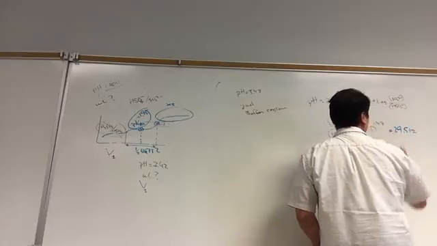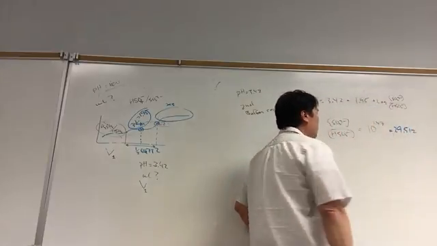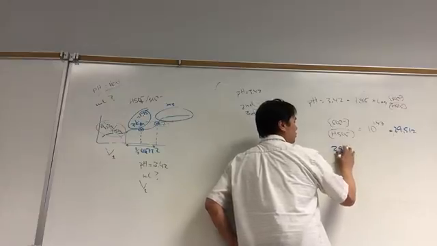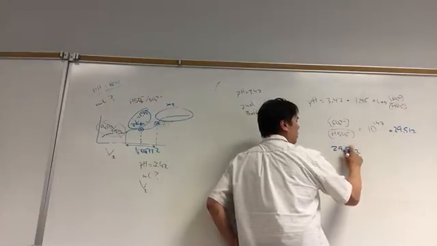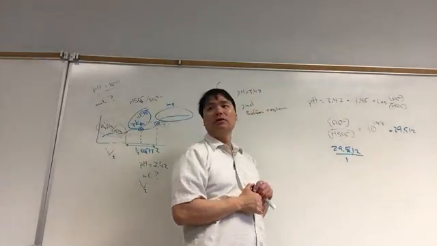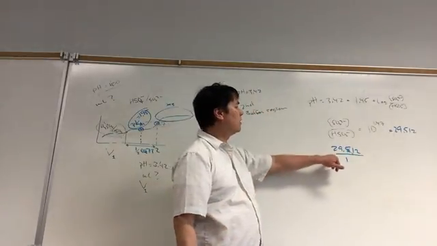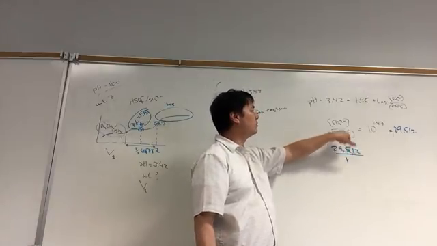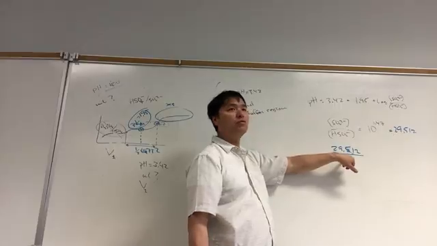All right, now comes a trick. This is going to be 29.512 over 1. The way I think about this is I've neutralized 29.512 parts of the HSO4 minus and converted those into base. That leaves me with one remaining part left over.